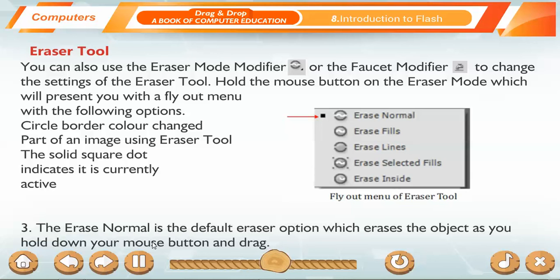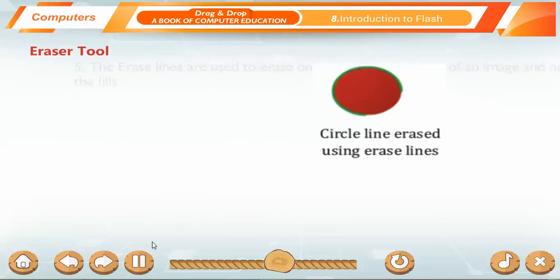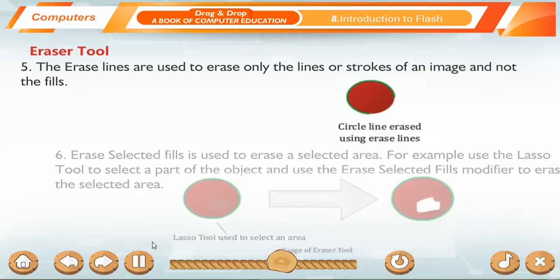The Erase Normal is the default eraser option which erases the object as you hold down your mouse button and drag. The Erase Fills is only used to erase fills, that is, the color and the gradients. The Erase Lines are used to erase only the lines or strokes of an image and not the fills.